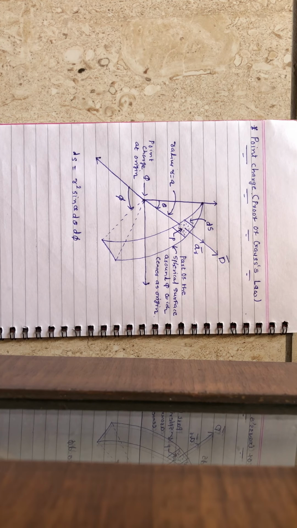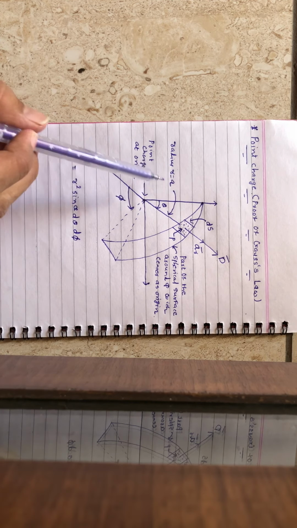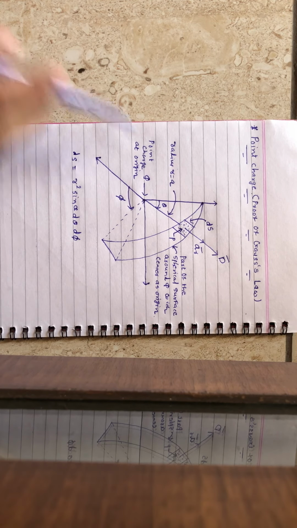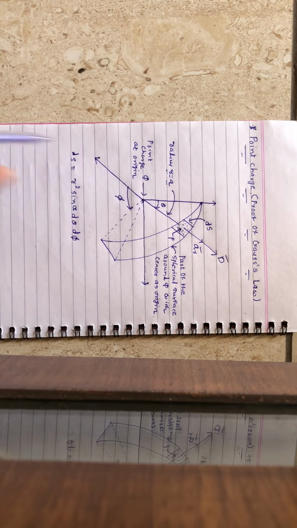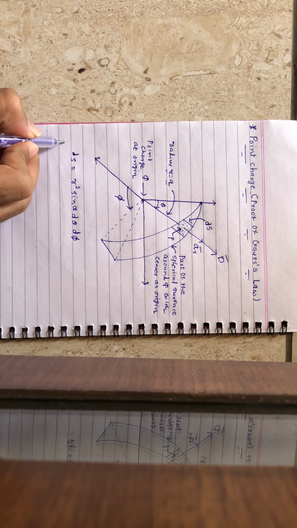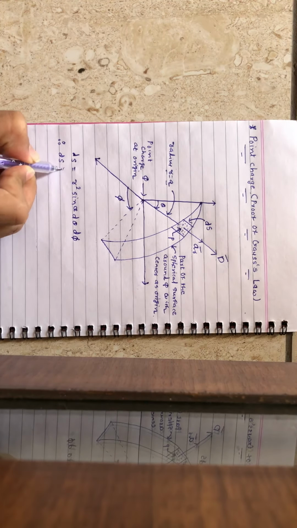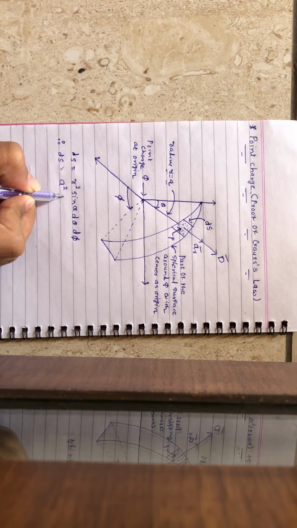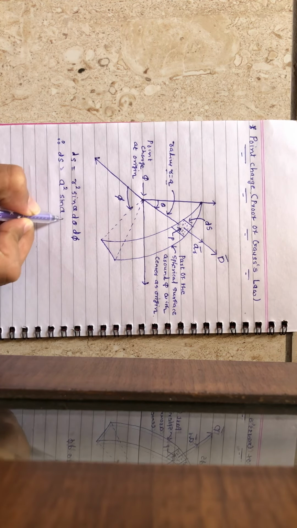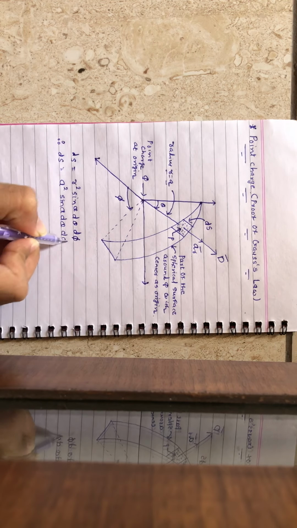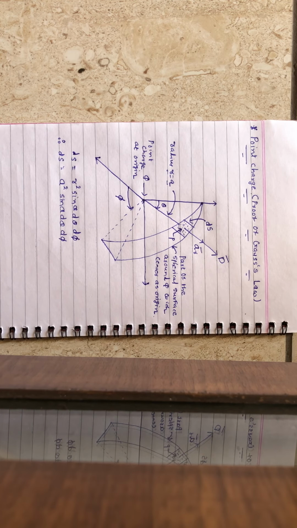This one is the fixed equation of ds in a spherical coordinate system. But what we assume over here, we assume radius r is equal to a. So in this equation we have to replace r with a. Therefore ds is equal to a square sine theta d theta d phi.